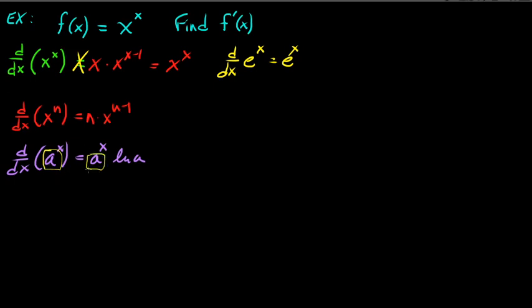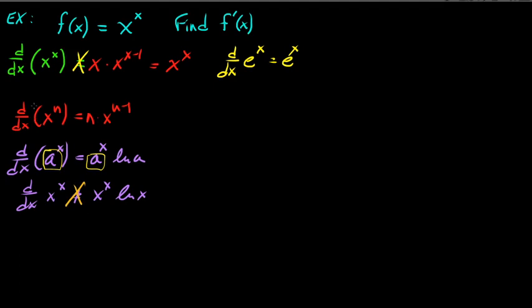The a has to be a constant, a number. It could be 2 to the x, it could be e to the x, it could be 21 to the x, it could be any number to the x, but that a cannot be a variable. It cannot be x. So, yes, we cannot apply this rule. In other words, the derivative of x to the x is not x to the x times log x. So that does not work either.